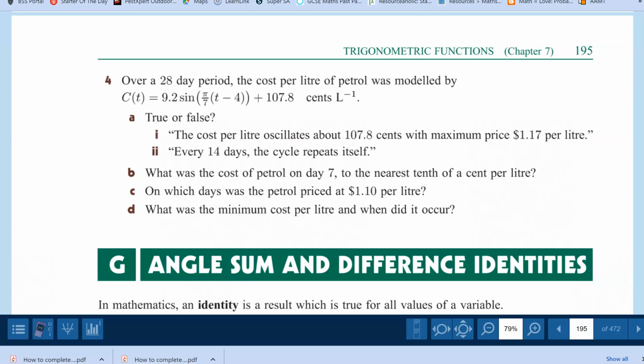Yes. Can you just make sure that when you do questions like question 4, if I pull up the old textbook, they wrote this without the second lot of brackets. And what happened when students were then typing it in, and it's even been in tests, they haven't written the second brackets, students would get just a straight line on their calculator. Because what your calculator will do if you don't have every single bracket there, it'll take the sine of pi on 7, which is just a number.